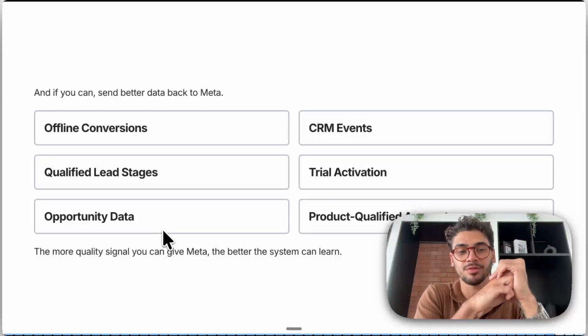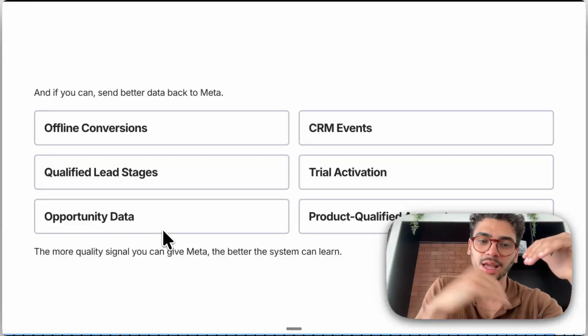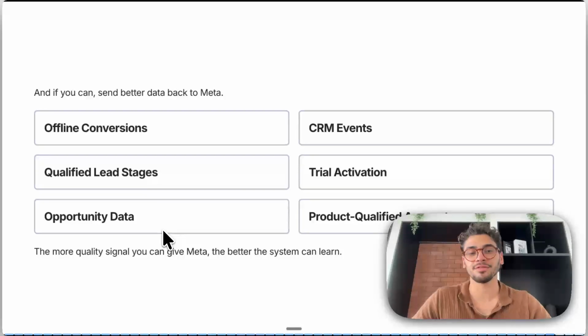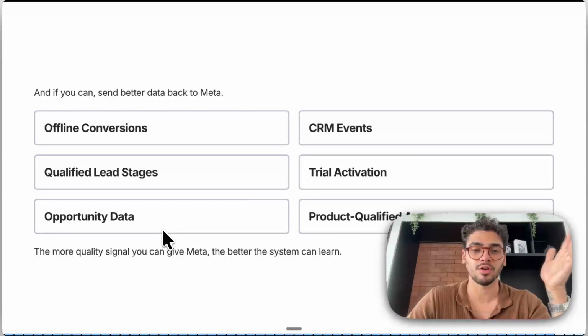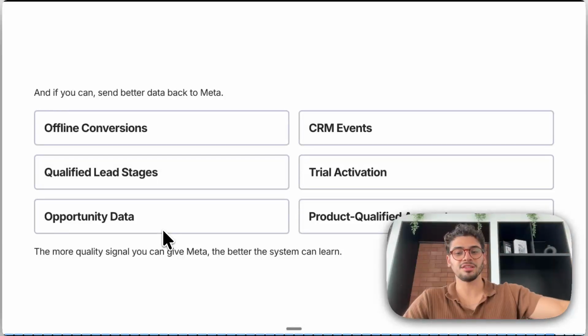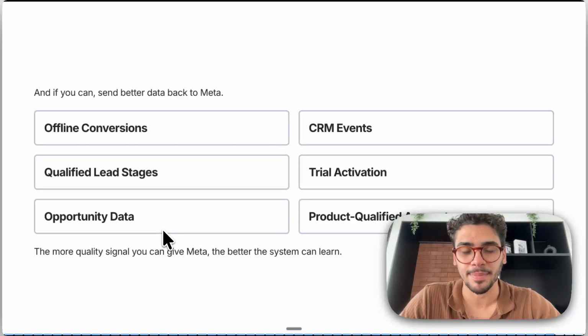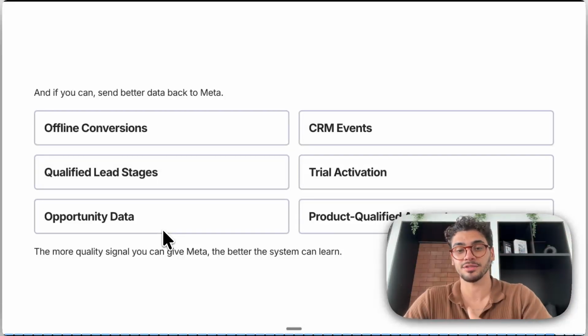You could do it from qualified lead stage. And this one, I know how to do it pretty good. I do it inside of my company. It's in your forms, right? You put some steps in your forms that will actually qualify the leads. So you get all the leads. All the leads go to your CRM, goes to your pipeline. But there are some leads that are worthier than others.